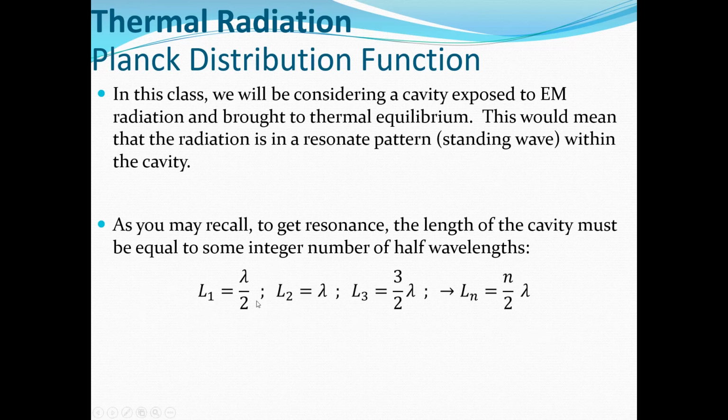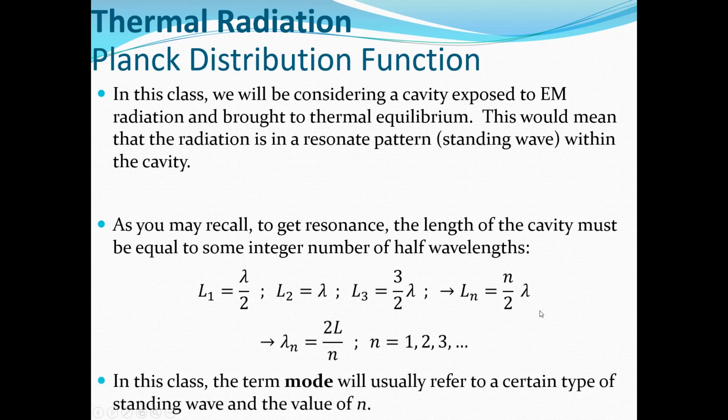So we could fit half a wave, 1.5 waves, or in general, n times half a wave. Now, we're going to use this n to refer to the mode, in order to specify what type of standing wave. The first mode would be the first standing wave that could be produced, then the second mode, and so on.